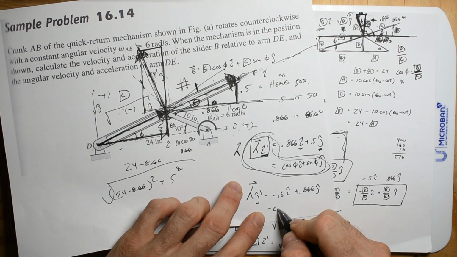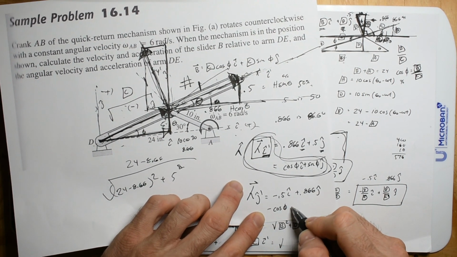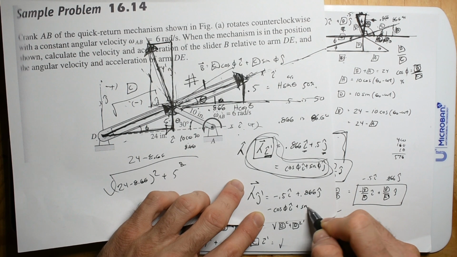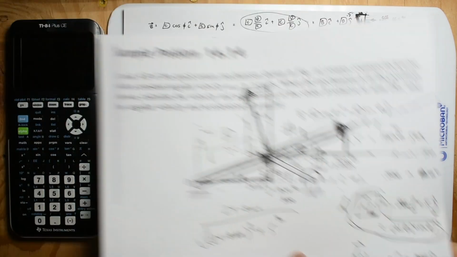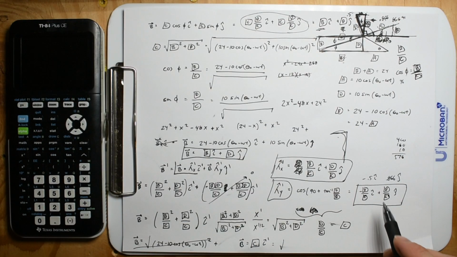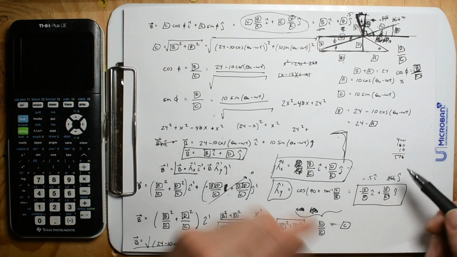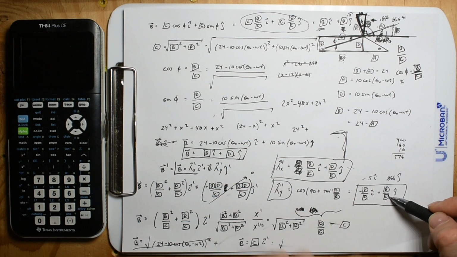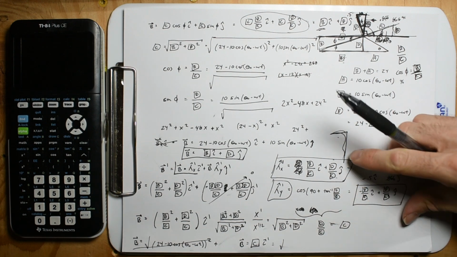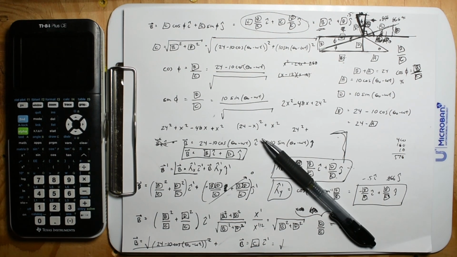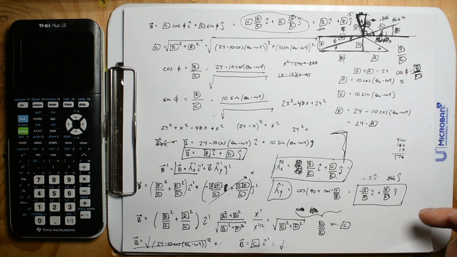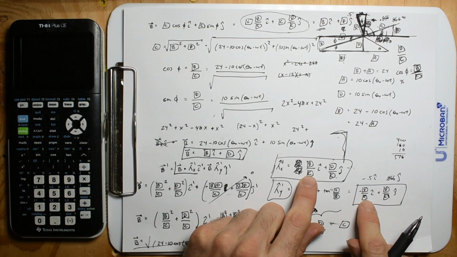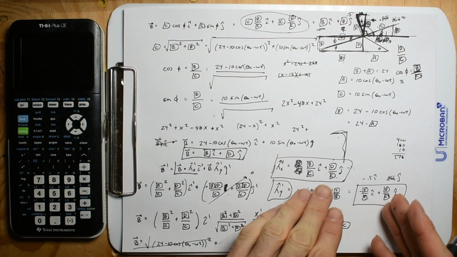Cool, which would be negative cosine phi of i plus sine phi of j. But then I was just like, let's just use these with BC, DC, and then negative DC, BC. Have them with these letters. I found that to be very useful, just because I don't have to rewrite them.